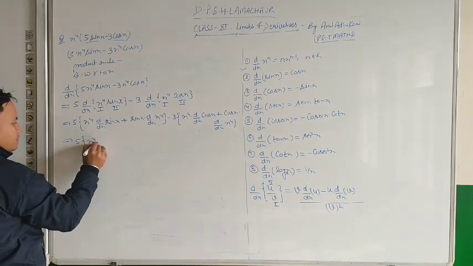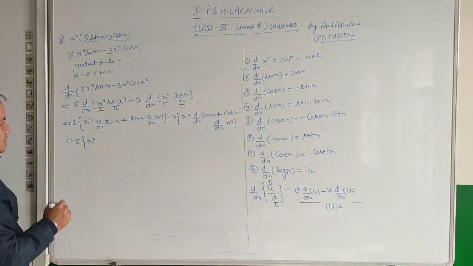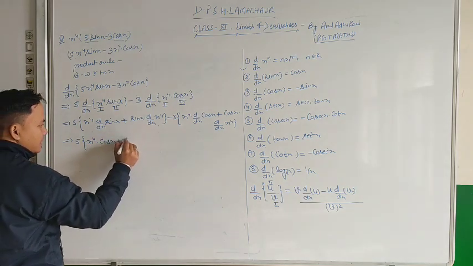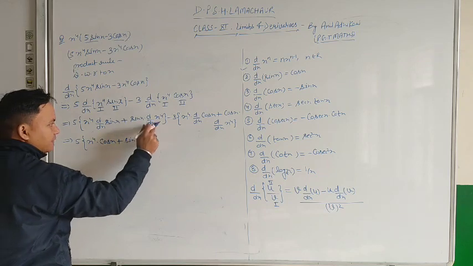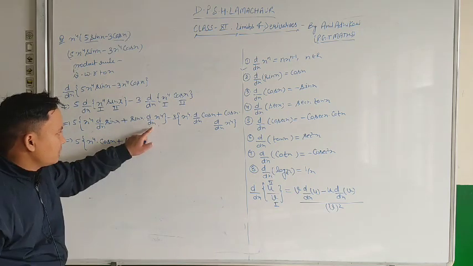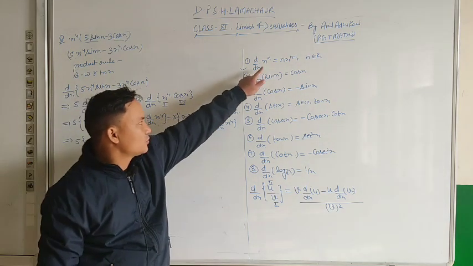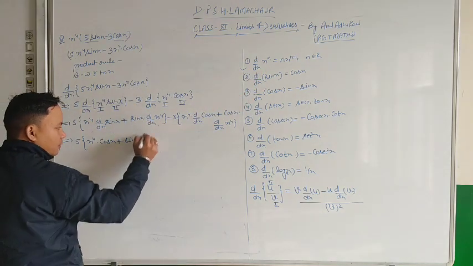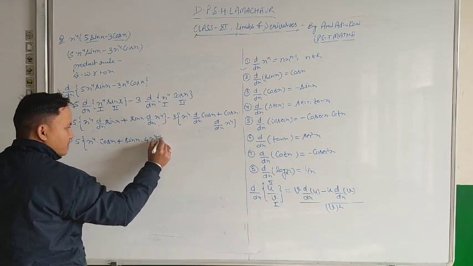So, x to the power 4, derivative of sin x is cos x, plus sin x into derivative of x to the power 4. To find the derivative of x to the power 4, we will use this formula: power comes down, 4 times x to the power 4 minus 1.